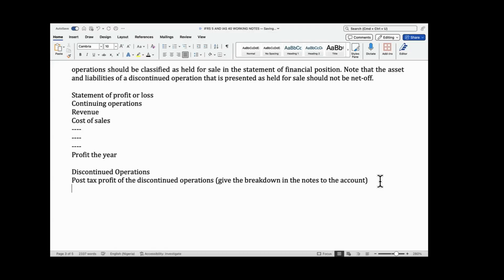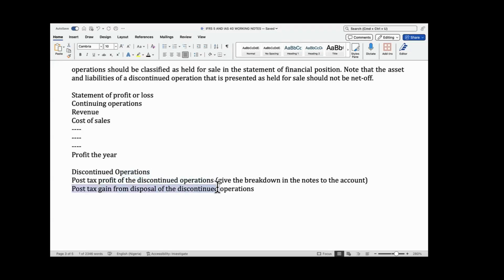And if you have eventually sold the discontinued operation, you also give us the post-tax gains from disposal of that discontinued operation. You know that there are some discontinued operations that you were holding from the beginning to, let's say, September, and you eventually sold it in September. That means their report from January to September, you present as discontinued operation.